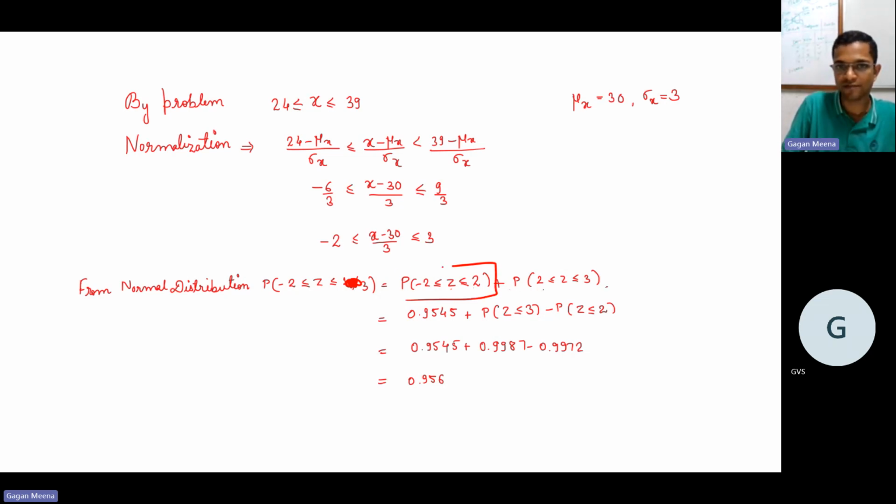This we already know, plus 2 sigma to minus 2 sigma. And this we can write as probability of Z less than 3 minus probability of Z less than 2. This also we know. This comes from the CDF, cumulative distribution function. And then we can calculate.